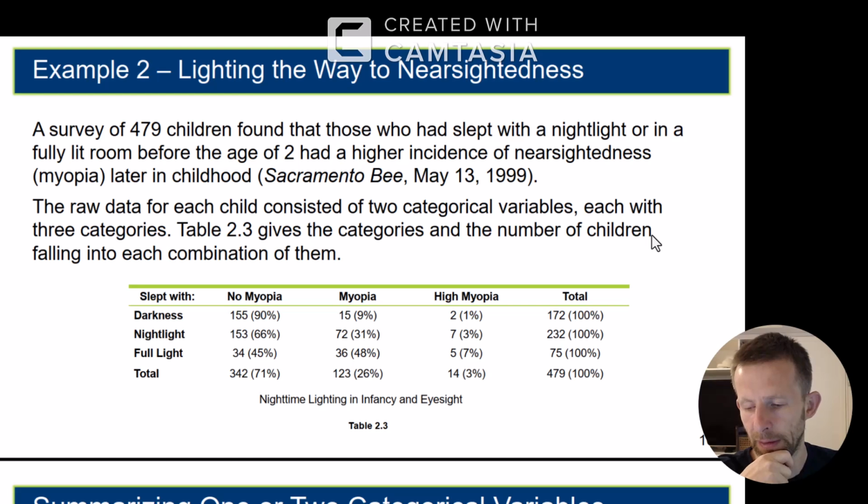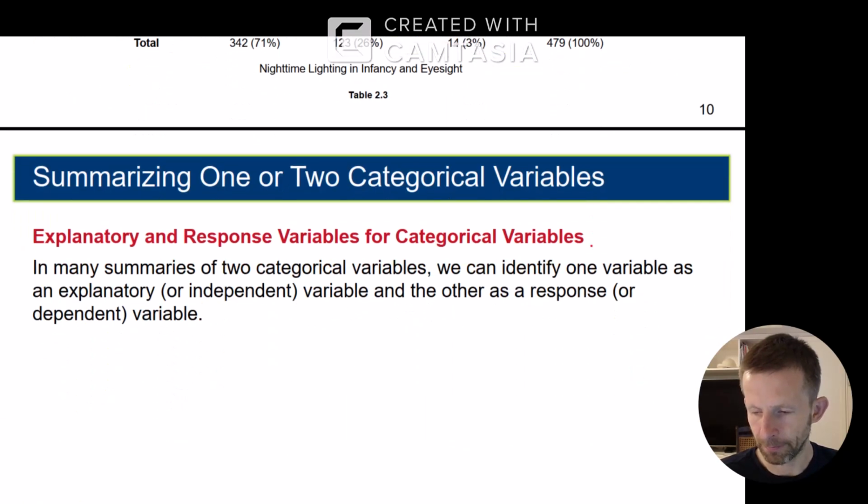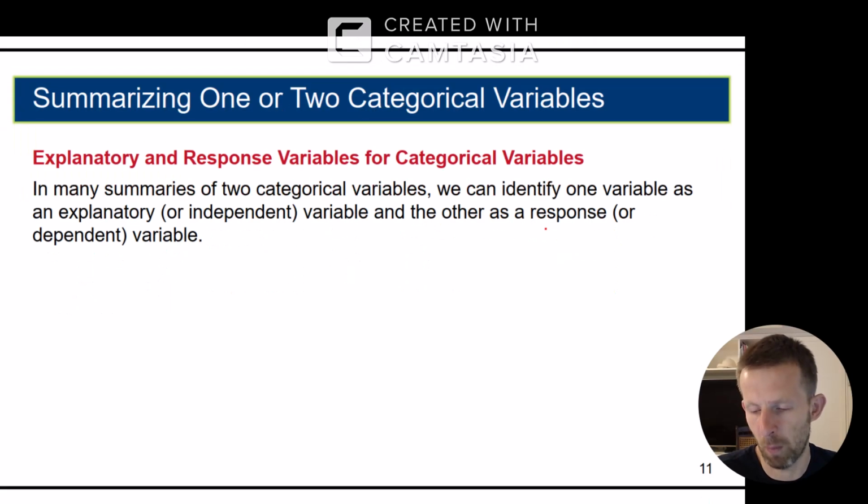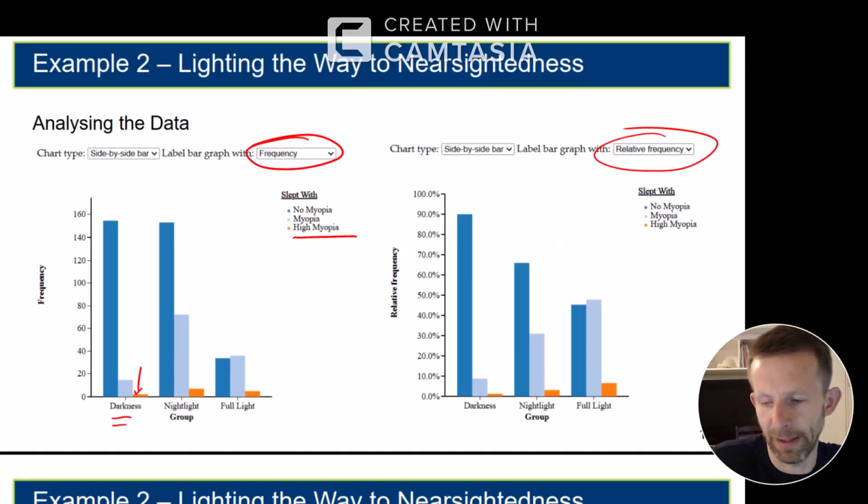In this case, do we think there's some sort of an effect of light on potentially myopia down the line? In many summaries of 2 categorical variables, we can identify one variable that has an effect on the other.